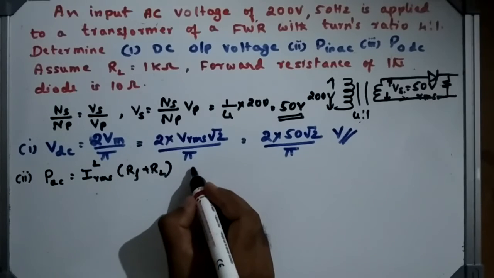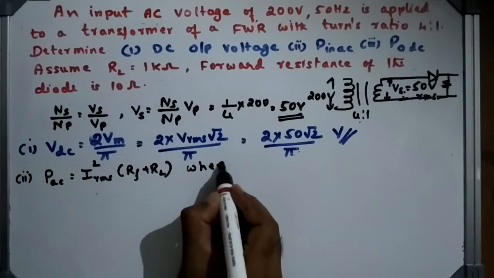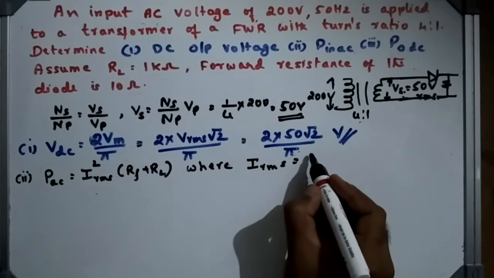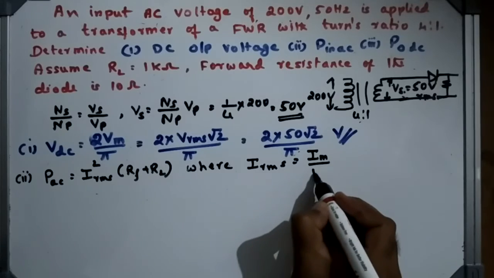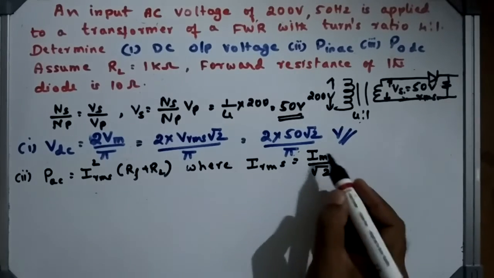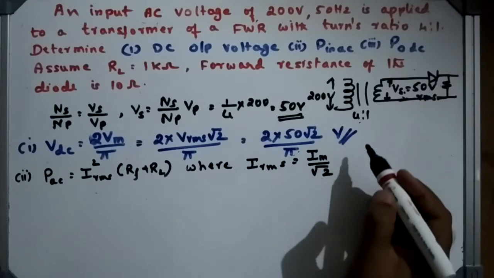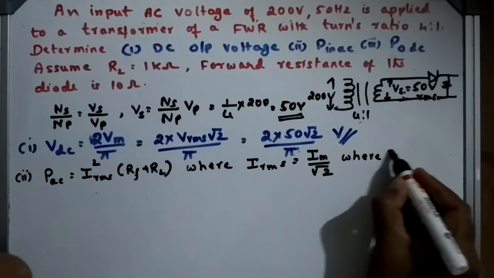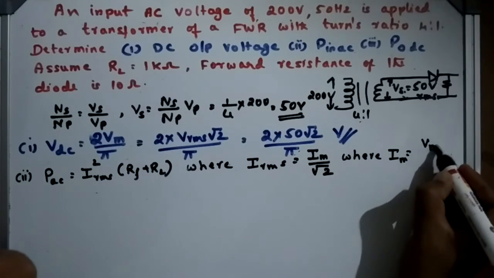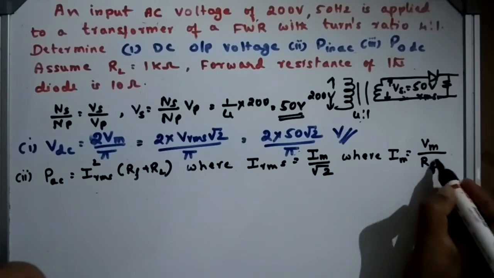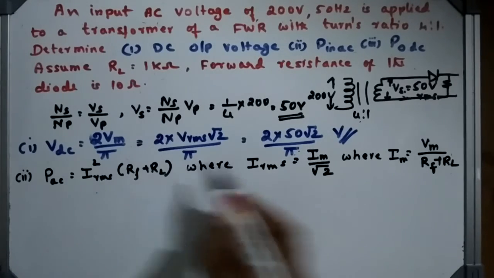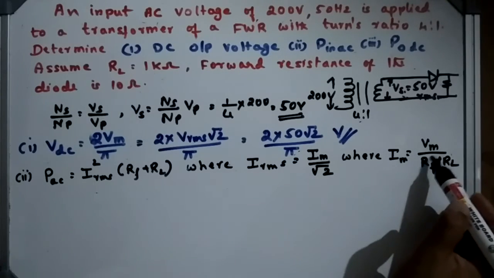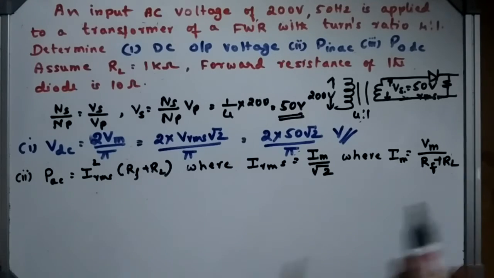Now what is IRMS square? IRMS, what is the RMS value? Im divided by root 2. Now what is Im? Here, this is Vm. Im is equal to Vm divided by Rf plus RL. Again the same reason, because this is the AC current, the peak value of AC current. Therefore you have to consider the resistance of the diode also.